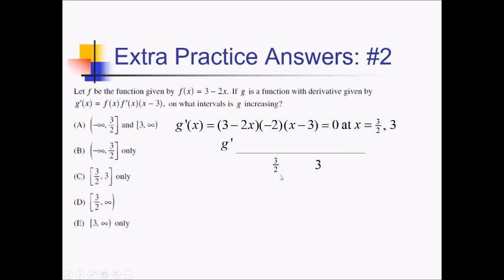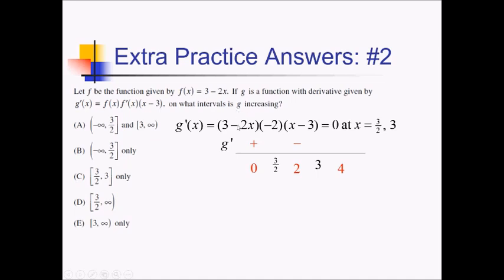So if I plug in something less than 3 halves, like 0, that's going to give me a positive, negative, negative. 2 negatives is going to end up giving me a positive. And then something between 3 halves and 3, like 2. That'll end up giving me a negative, negative, and another negative. 3 negatives is a negative. And finally, something bigger than 3, like 4.